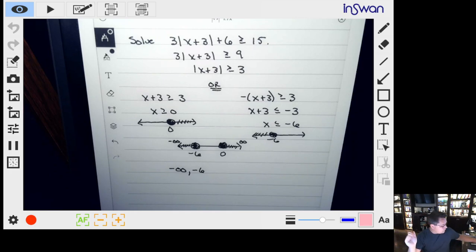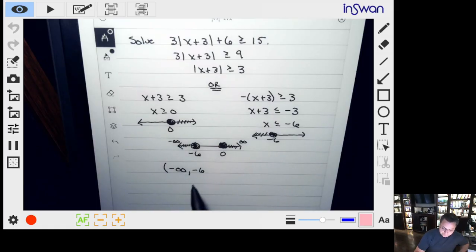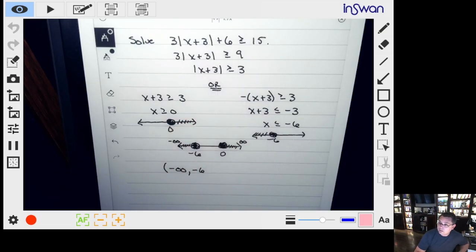You can't do things with infinities like add or subtract them or multiply them by other integers or real numbers. So we never include the infinities. Now the negative 6, we're going to include it because it turns out it works in this problem. So since we're going to include it, we're going to use a bracket.